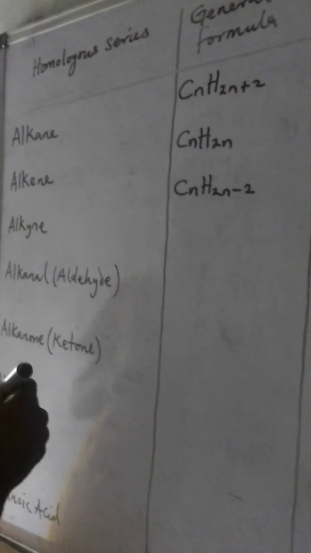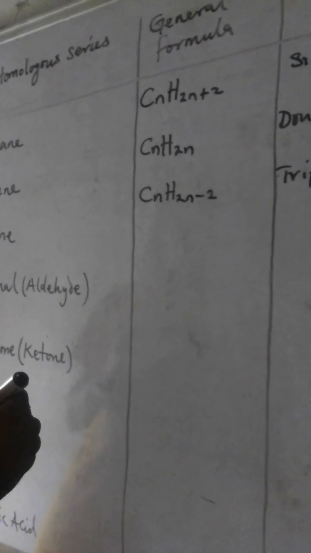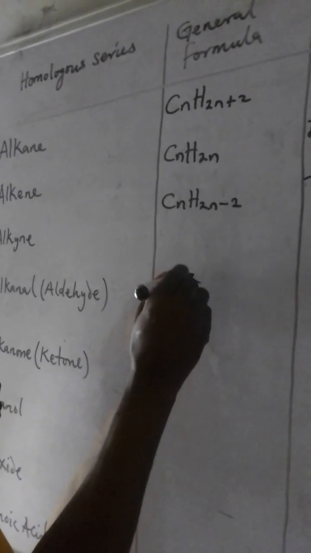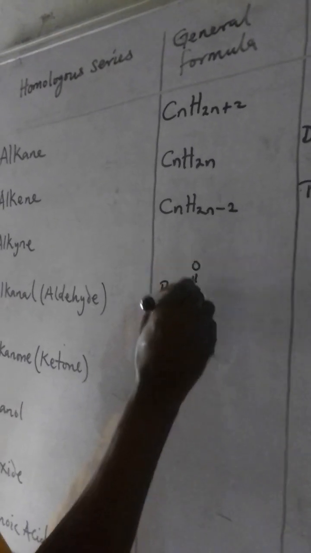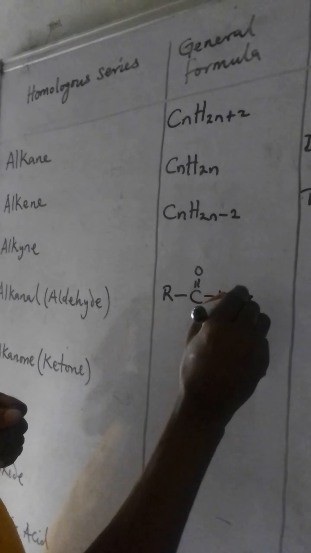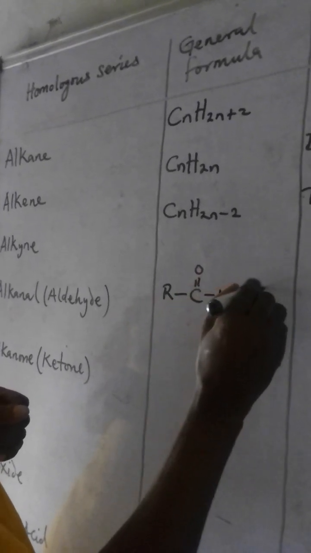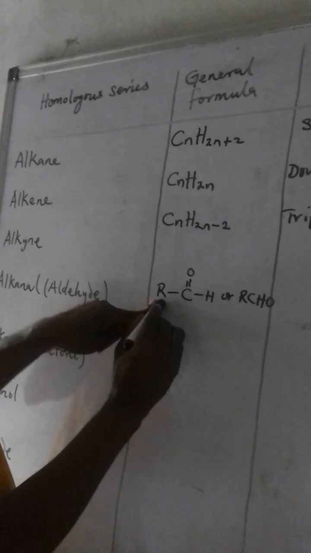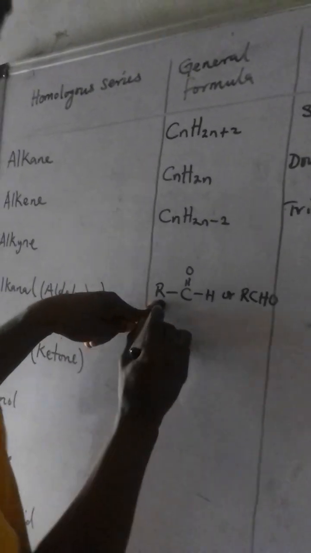Alkanal or aldehyde. What's the general formula of alkanal or aldehyde? The general formula is RCHO. Or you write it like this. That's the general formula, where R means the alkyl group.